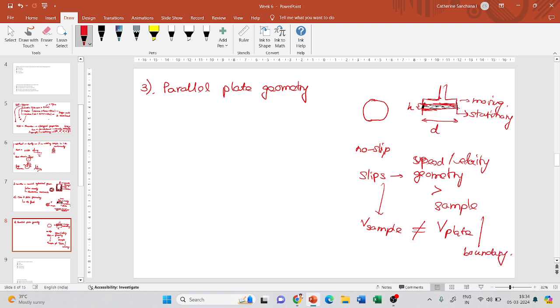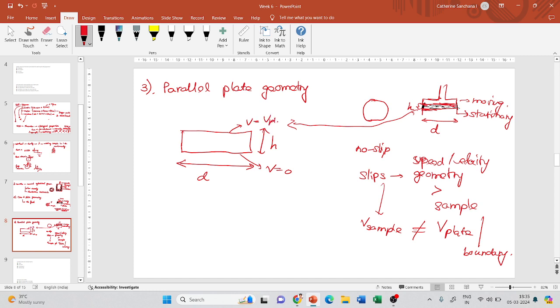Okay, so now let me show an exaggerated view of this sample. So this is my sample. This has a height h and a diameter d. Now I told you that the velocity in this portion is 0, and in this portion is the velocity of the plate, which means there is a gradient in velocity.